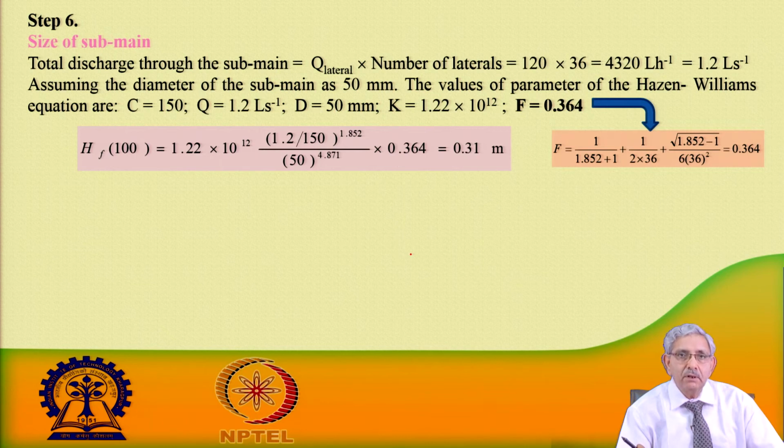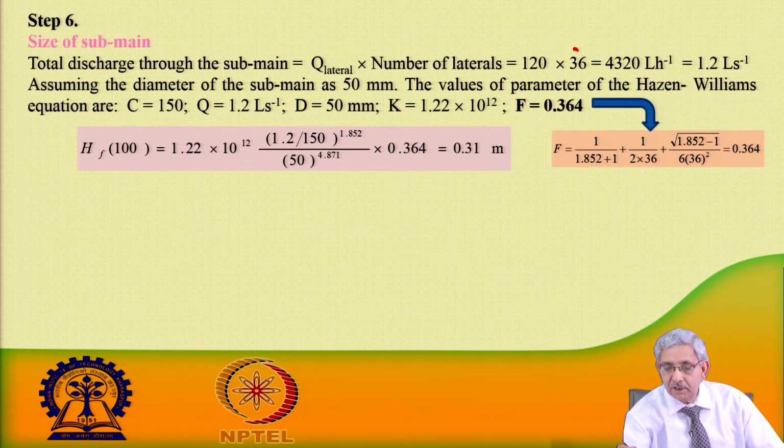Now, we are coming to the discharge from the sub-main pipeline, as well as selecting the head loss due to friction for finding out the size of the sub-main pipeline. So, total discharge from a sub-main pipeline is the number of laterals multiplied by the discharge from a single lateral.